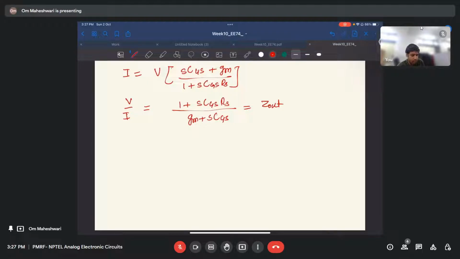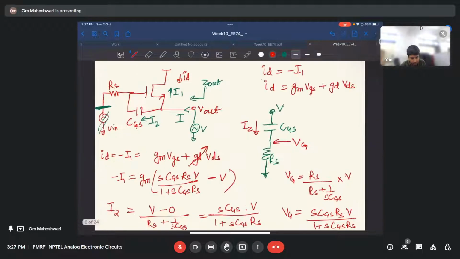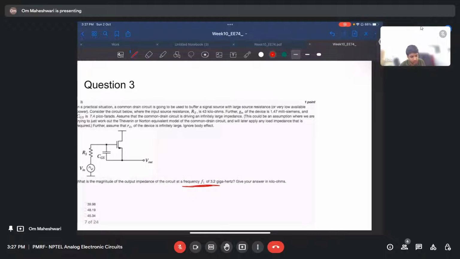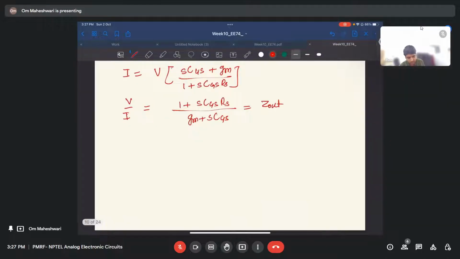Okay. So what is being asked in the question is we have to find it at a frequency of 3.2 gigahertz, right? How to introduce the frequency component: we will put S equal to j omega, or we can write it as j 2 pi f. We are given in hertz, right? So f1 is given as 3.2 gigahertz.